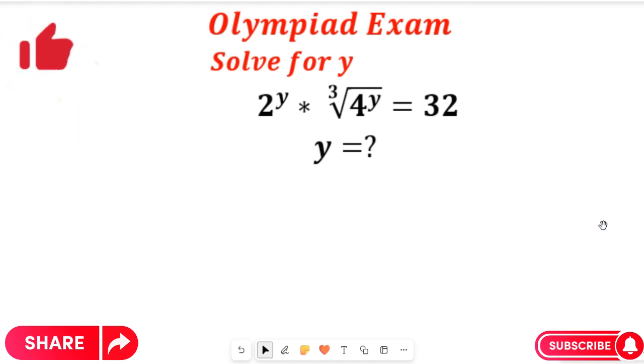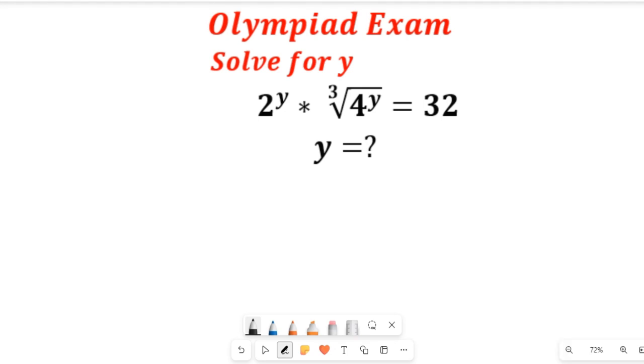Now let's solve this. The first issue we are going to resolve is the cube root. Once we can clear the cube root, then we can put these to their various factors, and we should be able to solve for y.